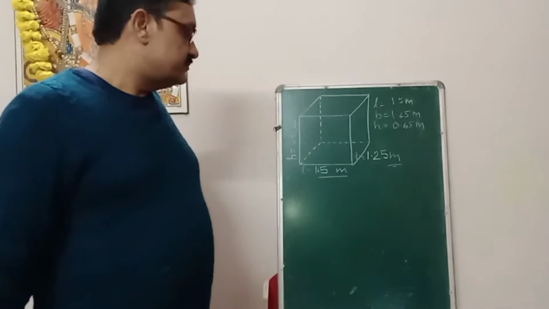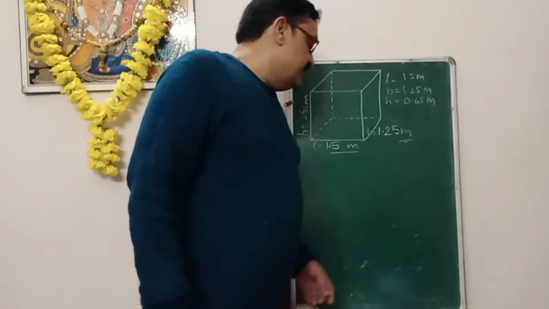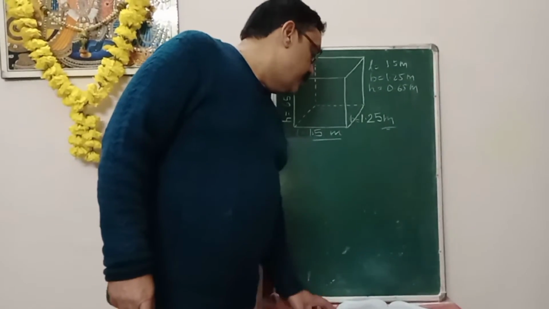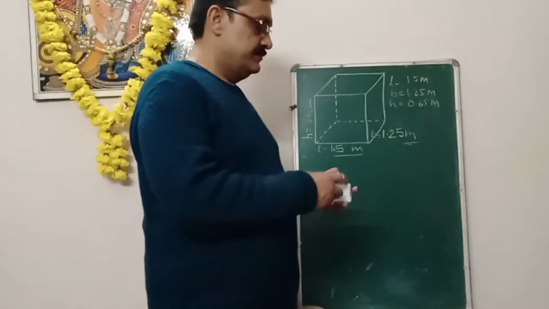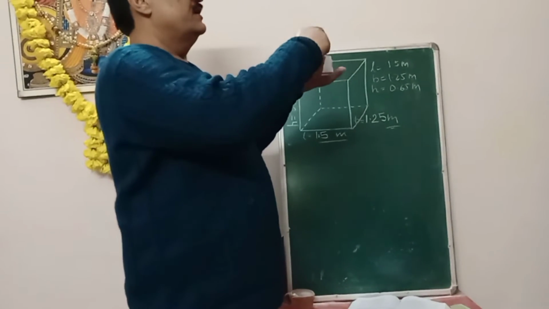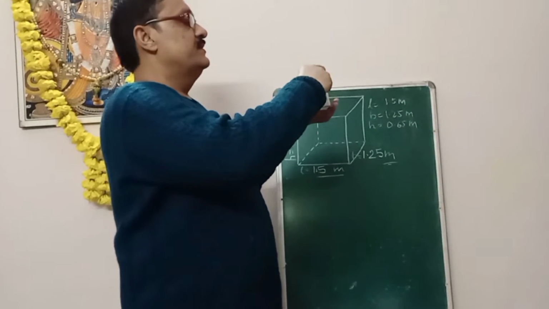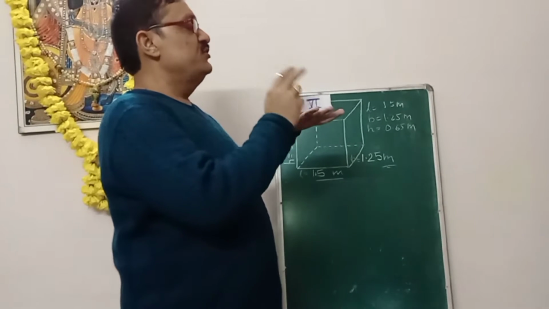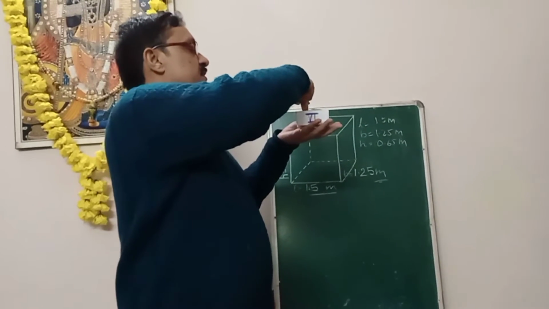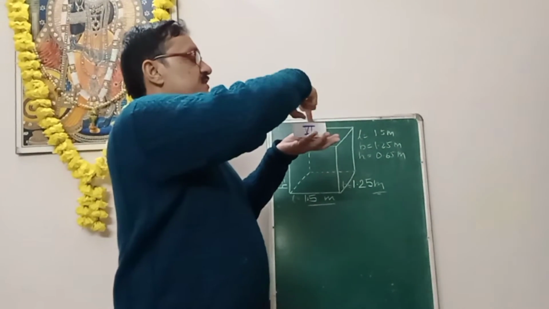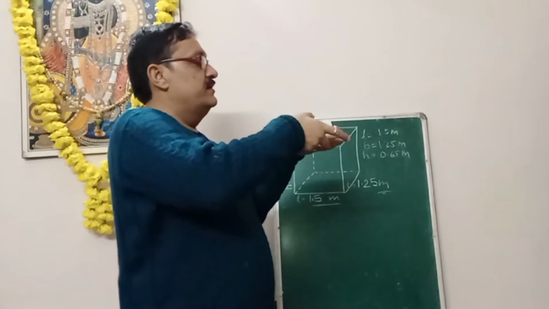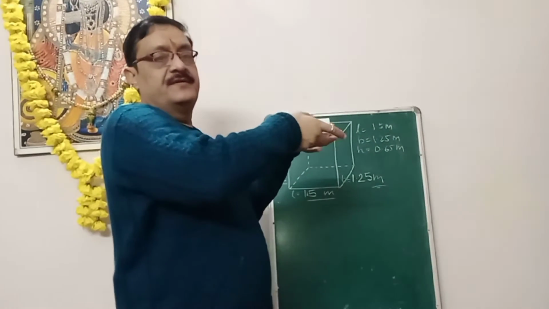Now, it is also written in the second line that it is opened at the top. This is top, this is bottom. Opened at top means a regular cuboid has 6 faces: front and rear pair, this side pair, up and down pair.